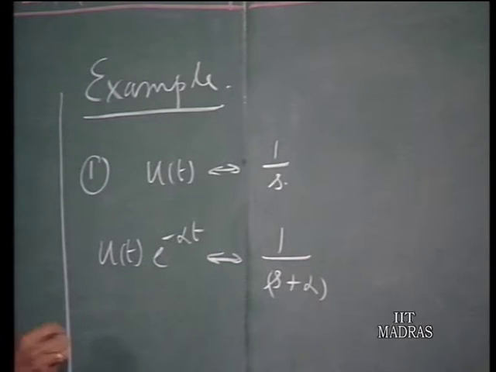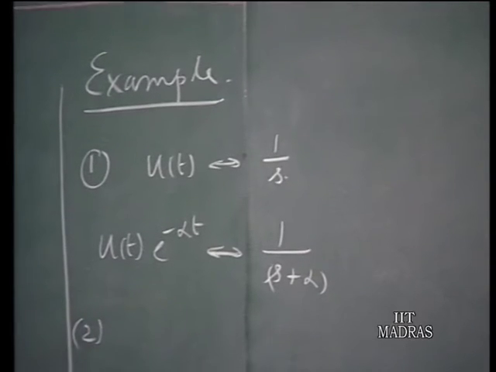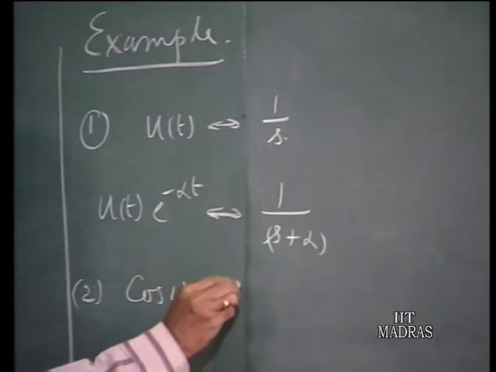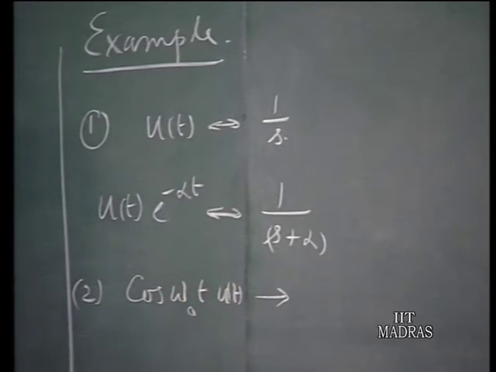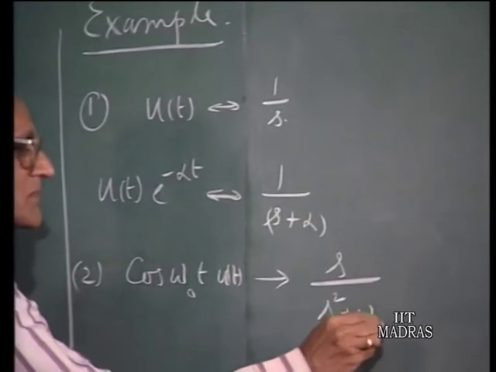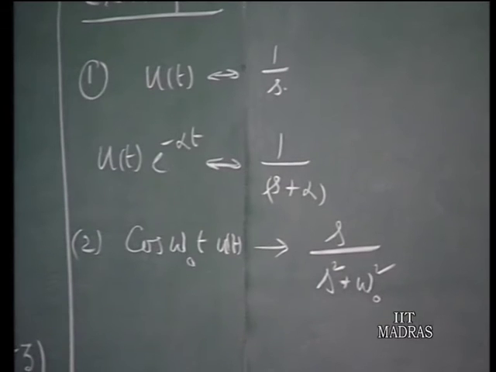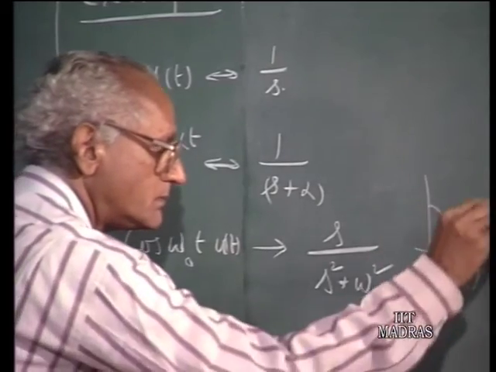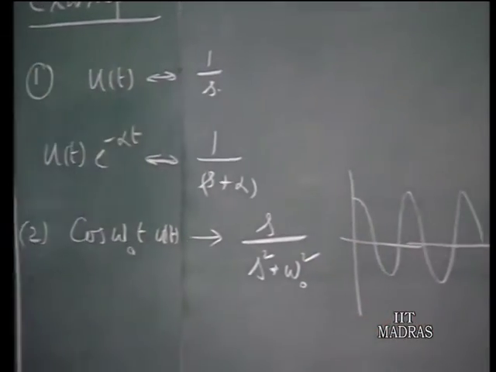Now, let me take another example. Suppose I have cos omega naught t u of t, a cosine function. We know its Laplace transform is s over s squared plus omega naught squared. That would be a cosine, a trigonometric function which starts from t equals 0.